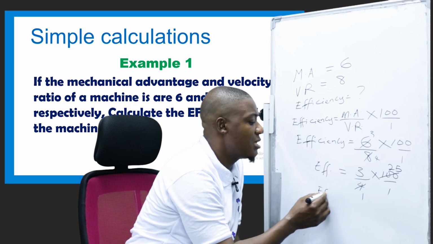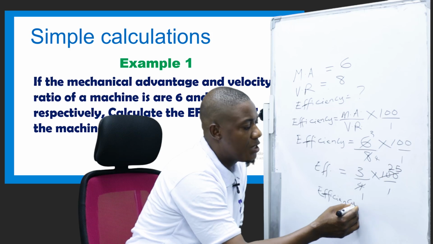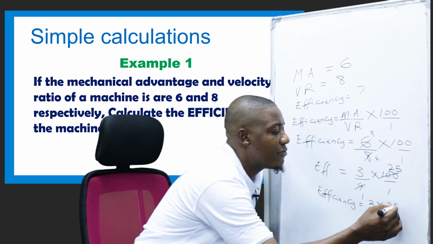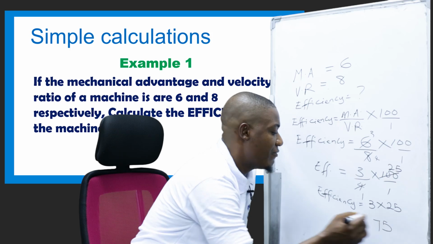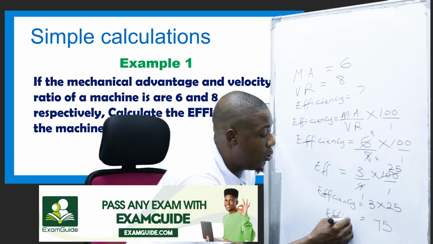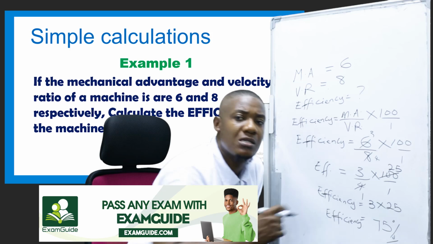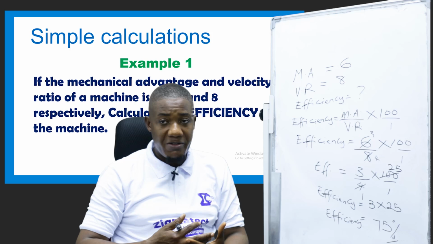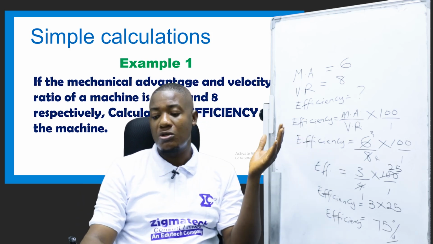So the efficiency of the machine is equal to 3 times 25, and 3 times 25 is equal to 75. Efficiency of the machine, therefore, is equal to 75%. That is how to calculate that. So whenever you are given mechanical advantage and velocity ratio, please remember this formula. That is the formula to use to solve the problem.